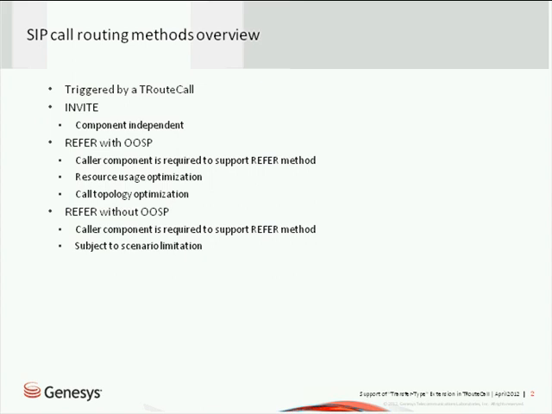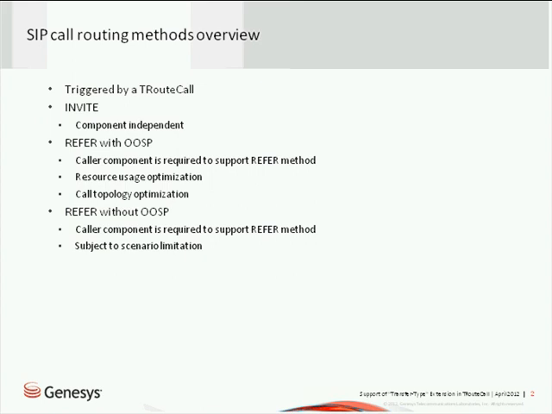But today, it's absolutely normal that everyone supports it. That makes it not something rare or hard to use in your deployments. For the refer method to work for call routing, all components must support it.